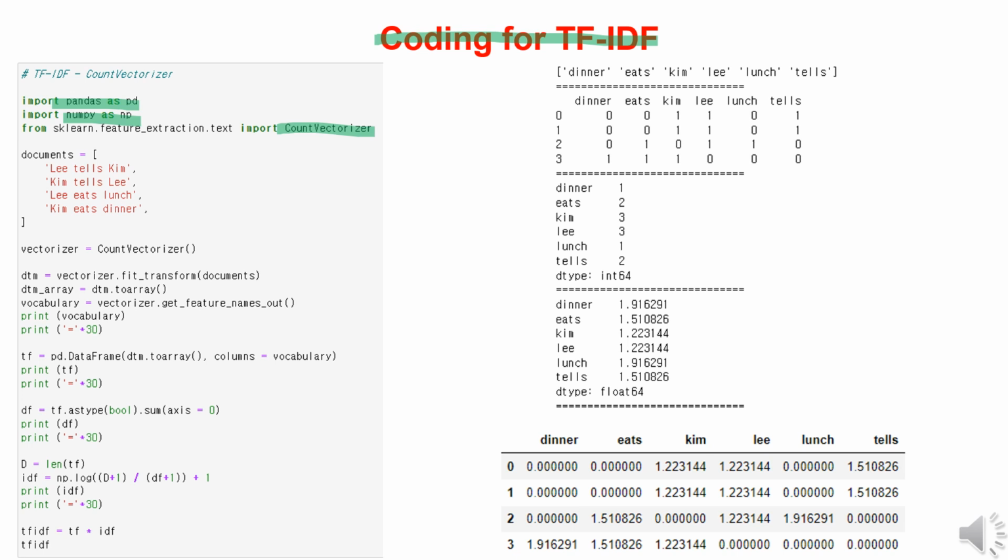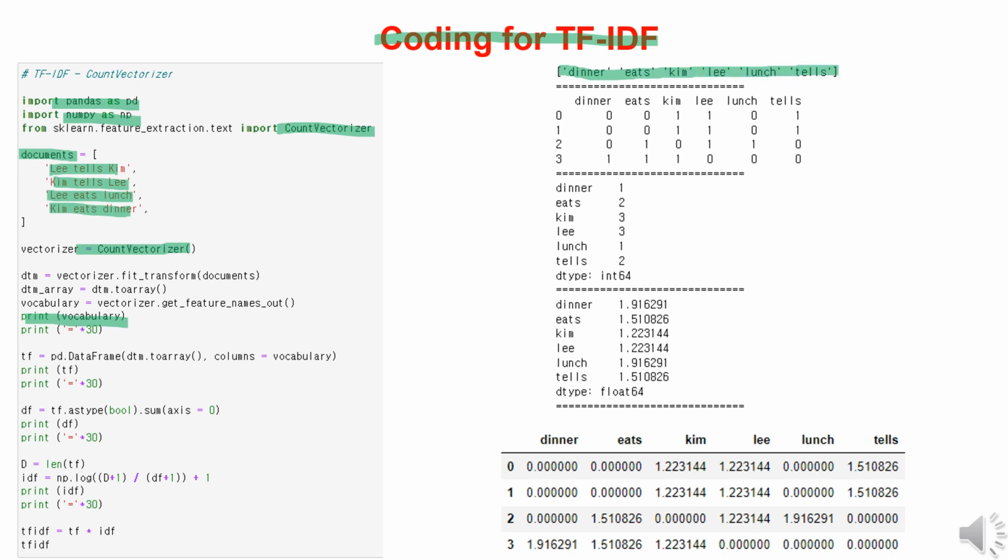We'll store 4 sentences, such as Lee tells Kim, Kim tells Lee, Lee eats lunch, and Kim eats dinner, in the documents variable. Then, using the count vectorizer command, we'll build a vocabulary list, which will include words like dinner, eats, Kim, Lee, lunch, and tells.